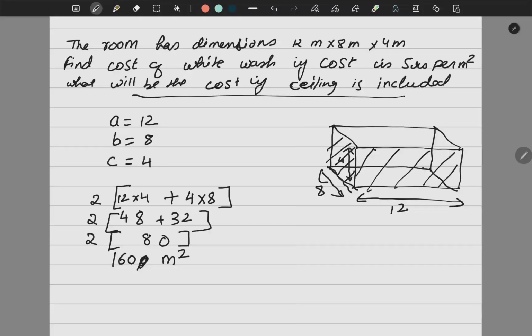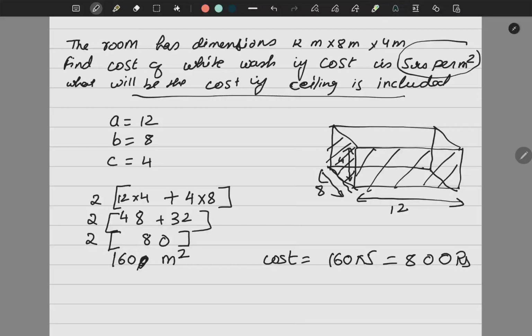Correct? So now I have done the area of the wall, which came out to be 160 meters square. Now what is the cost of painting it? So cost per meter square is how much? 5 rupees. So my cost is equal to 160 into 5. So 5 zeros are 0, 5 sixes are 30, so 800 rupees I have to pay for this work.